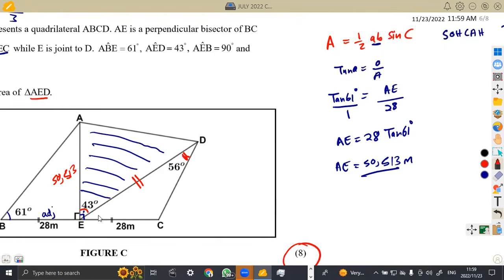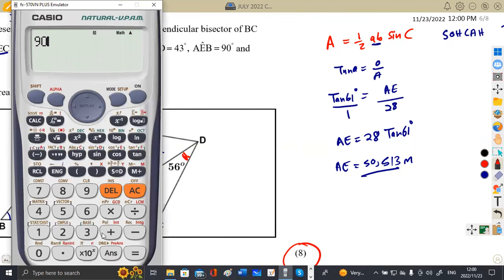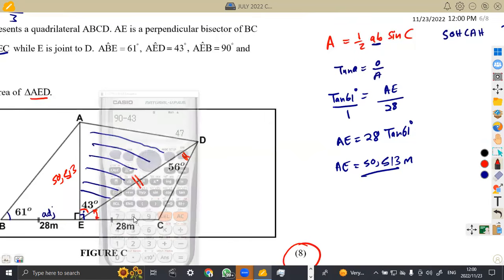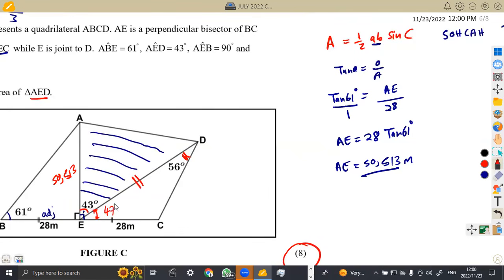Actually, we can calculate these angles. Remember, here it's 90 degrees and we've got 43 degrees. So 90 minus 43 is going to be this other angle, which is 47 degrees.